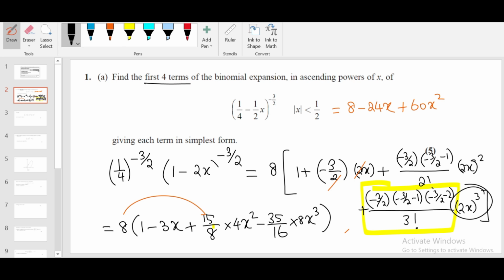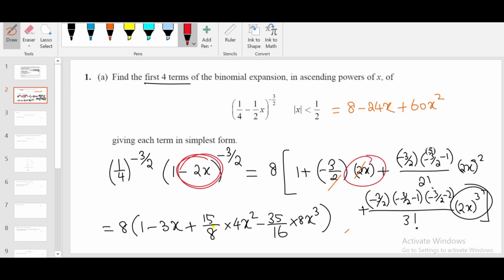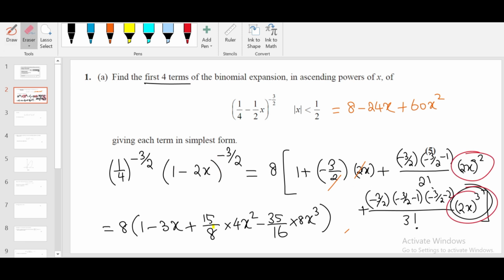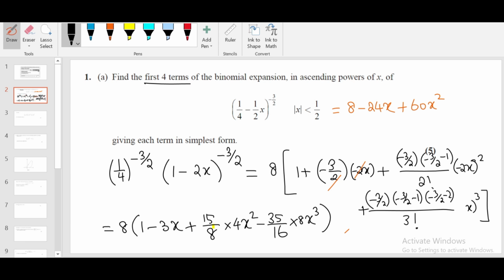When we find the expansion, listen to me carefully. The second term is minus 2x, not just 2x. You cannot take it as just 2x. Your answer will be wrong. The sign in the answer will be wrong. So here it has to be minus 2x, minus 2x whole squared, minus 2x whole cubed.